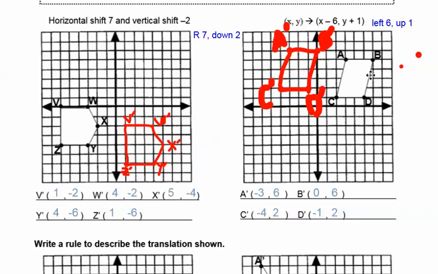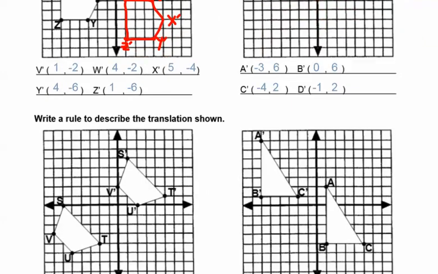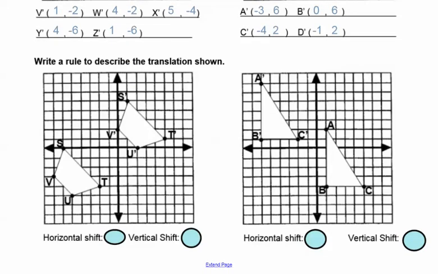That is our pre-image. And guys, remember, to tell the two apart, we always look for which one has the prime. Which brings us to our next problem. It says write a rule to describe the translation below. Even if they didn't tell us it was a translation, you would be able to tell because it's sliding.